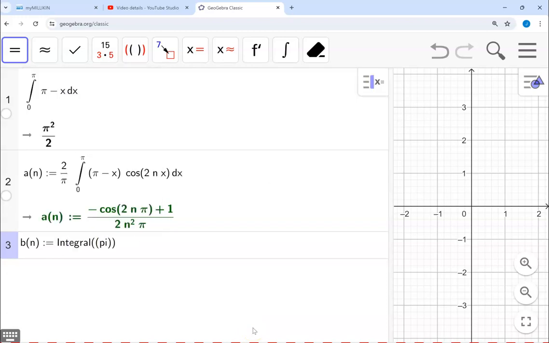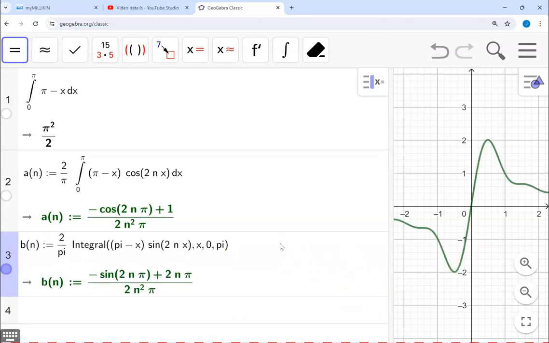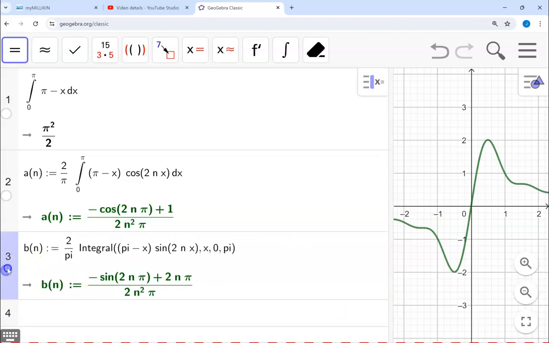So we'll have pi minus x times sine of 2nx, x from 0 to pi, and before I put in the constant, I didn't do it that time. So far, so good?